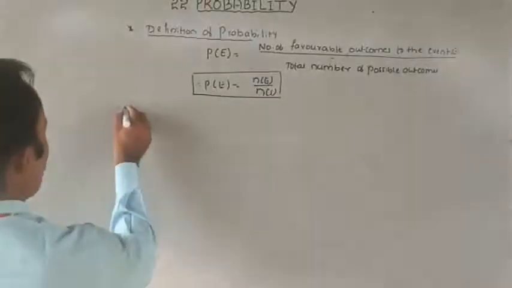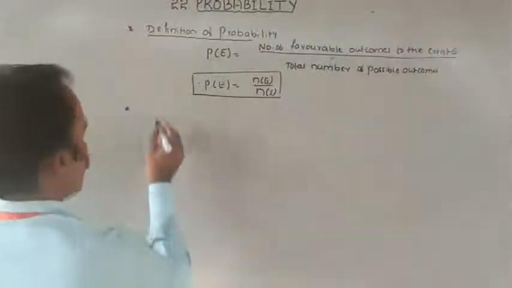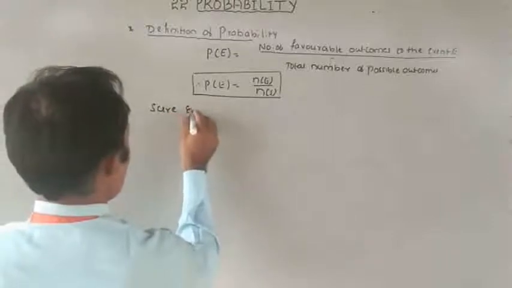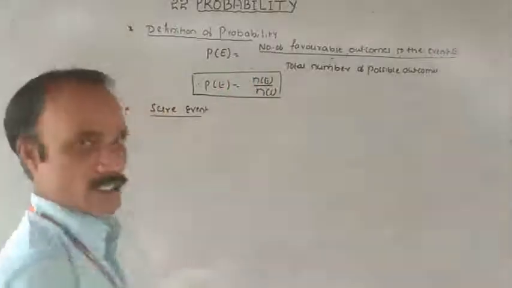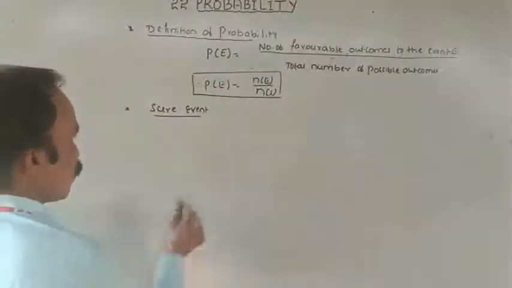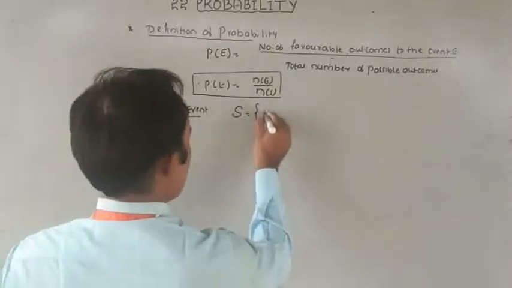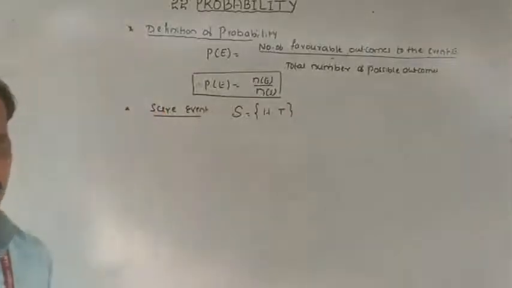Now the next point, that is sure event. Next definition. Again, consider a random experiment, tossing a coin. Then the sample space is head appears or tail appears.